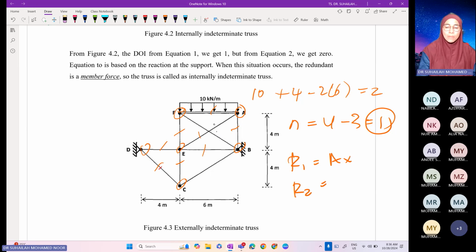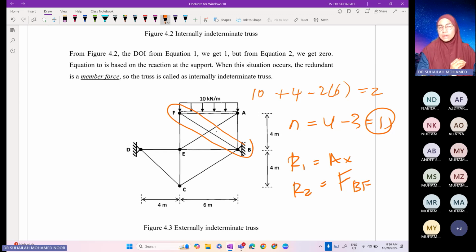So we normally remove member AE, or we can also remove BF as the redundant. Whenever member force is the redundant, we write FBF like this. So there are 2 redundants, a combination of reaction and member force.